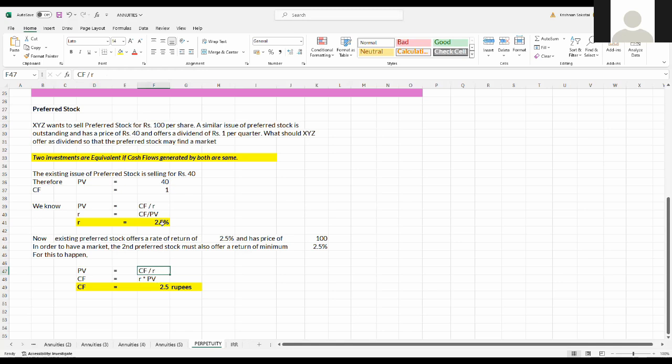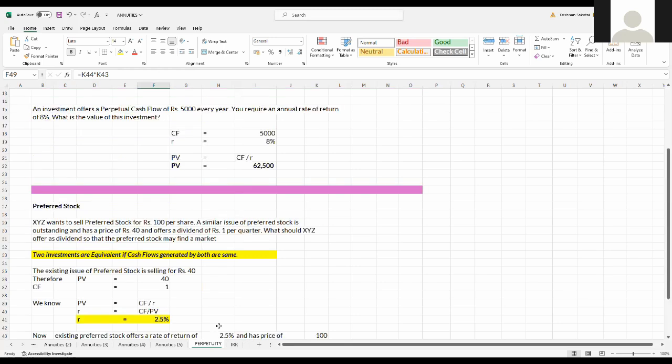Substituting the values, we get a cash flow of 2.5 rupees. That means the company has to pay a dividend of 2.5 rupees every quarter. So that is the treatment of perpetuities.